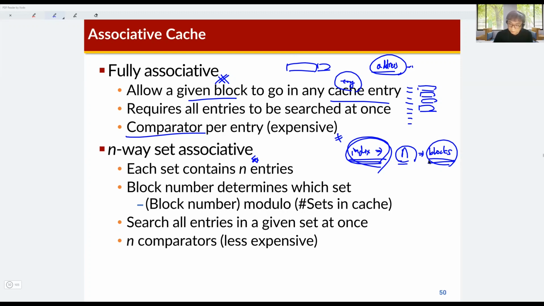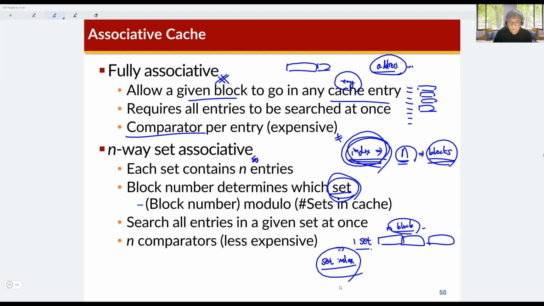So these multiple blocks indexed by this single index field are called a set. With the n-way set associative cache, one set can store multiple blocks, like n blocks, and this set is indexed by the set index.